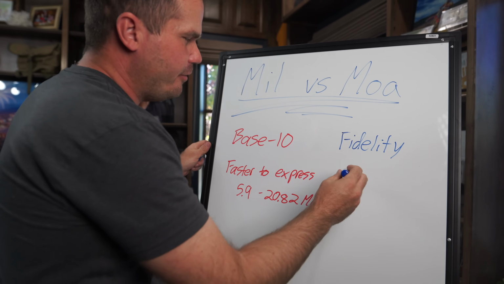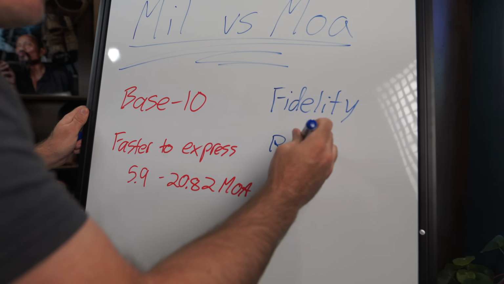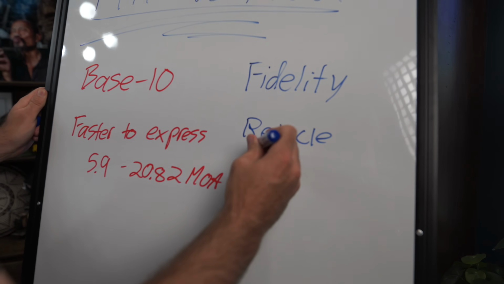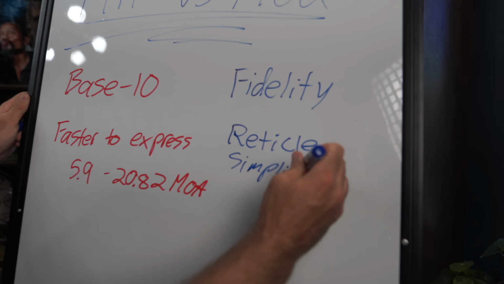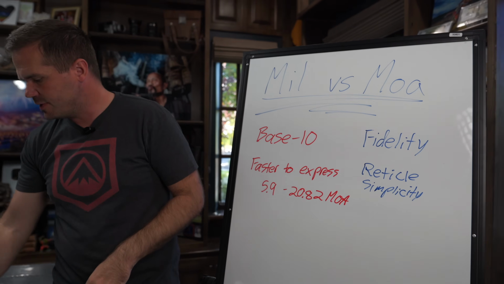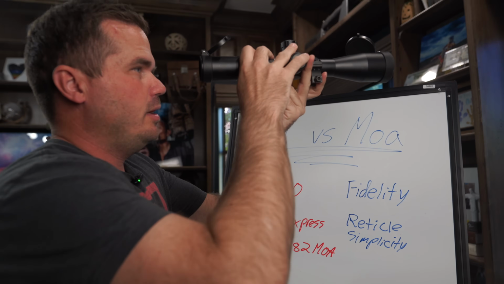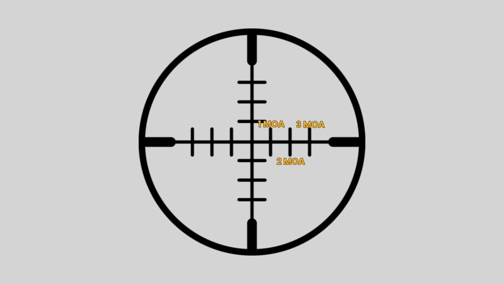MOA, I'm going to give an advantage personally. This is some personal preference stuff, but I would give an edge to reticle simplicity. What I mean by this is in the reticle, or the crosshairs of the scope, as you're looking into it, an MOA scope is almost always going to just mark 1 MOA, 2 MOA, 3 MOA, or something like that.